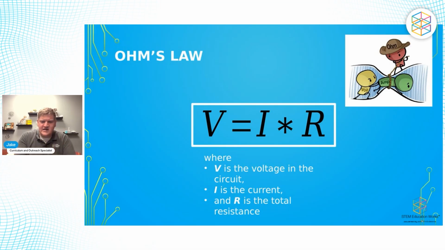So again, V is our voltage in our circuit, I is the current going through our circuit, and R is the total resistance. Now, one thing I have to admit to you, Ohm's law isn't actually a law. It's kind of a misnomer that we call it Ohm's law, because what Ohm's law presumes is that this R value, resistance, is actually constant in all materials.